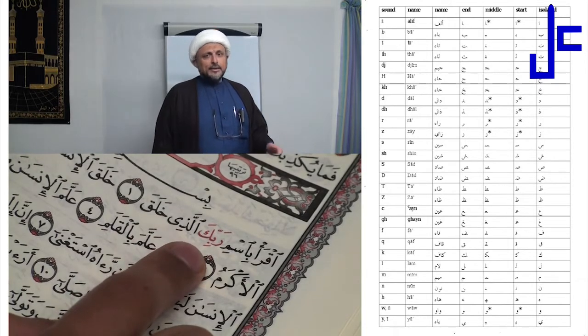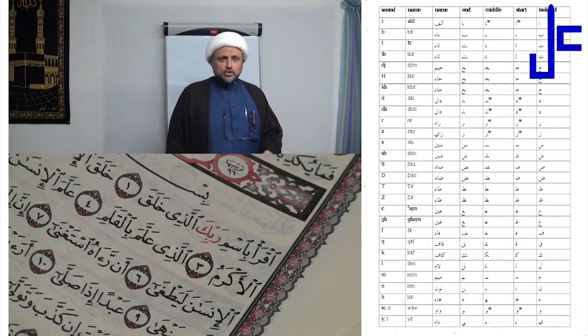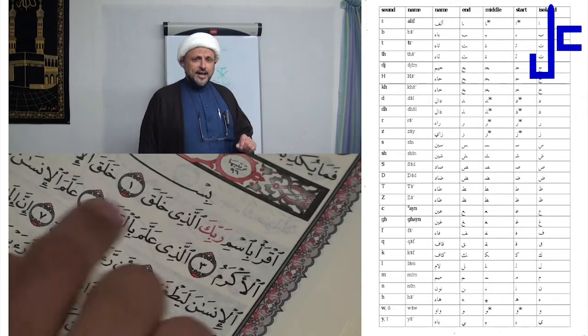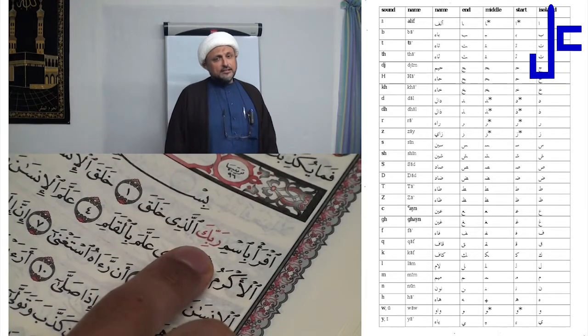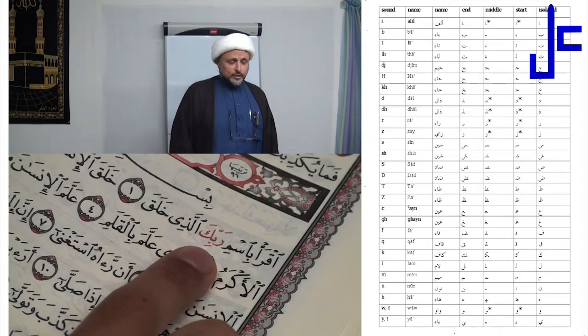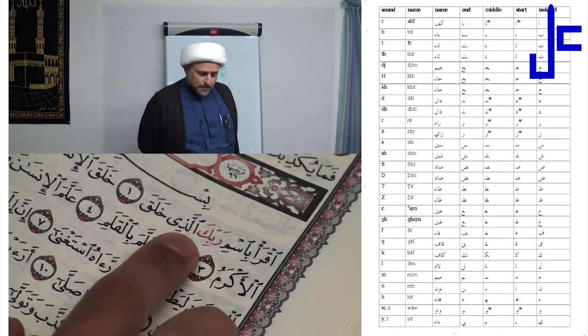So Rabbi, Rabba, Rabbu. Whatever sign is on the shadda, the second letter is going to take that sign. The first letter is always going to be sukoon. So yeah, perfect. Rabbika. Okay.